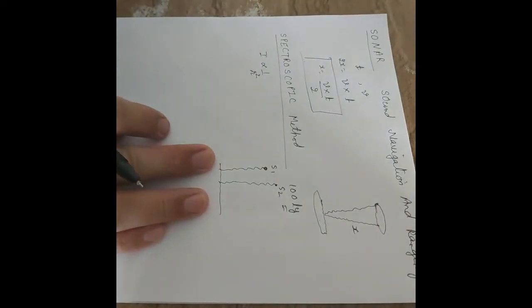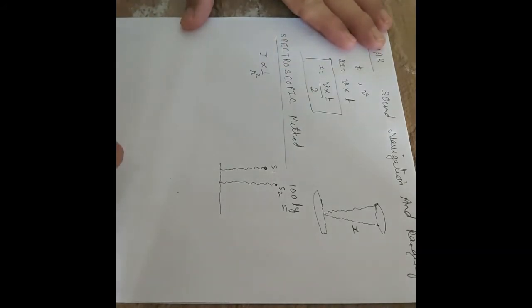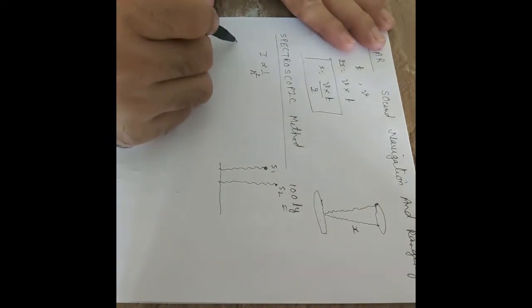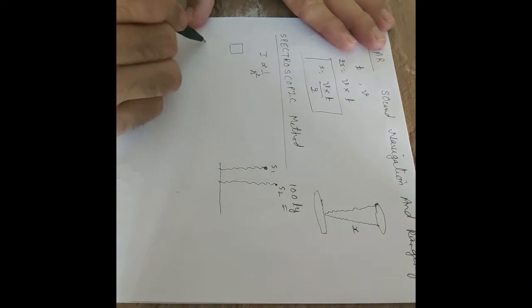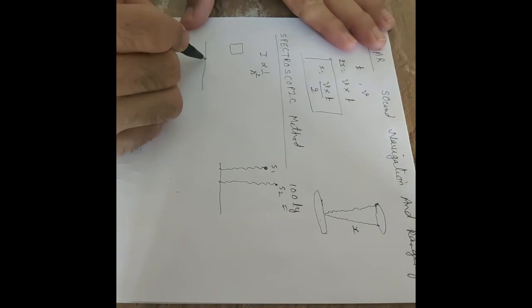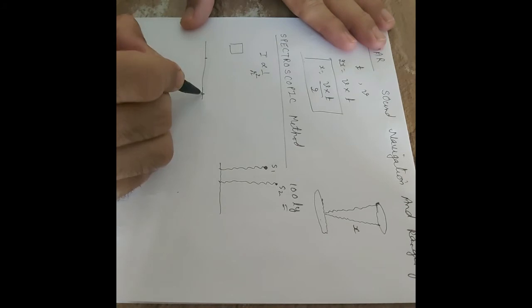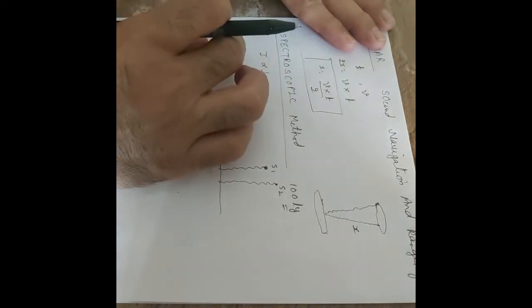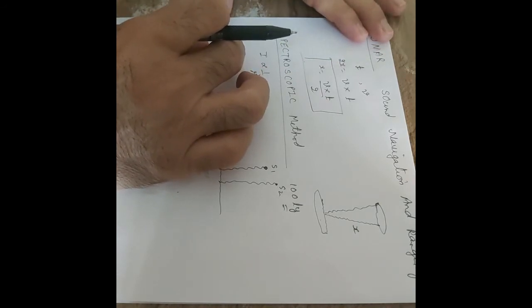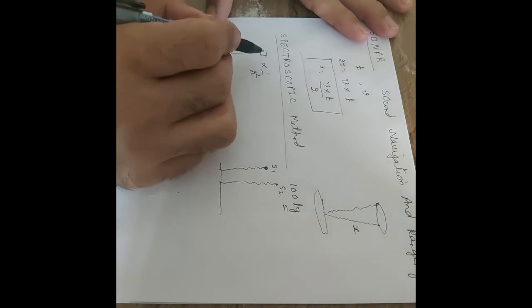R is the separation between the source of the light and the place where we are studying the light. For example, let us say this is the source of the light. If you stand here you will get more light, and if you stand here you will get less light. Why? In this case distance is less, in this case distance is more. The amount of light that we get in unit time on a unit area is related to the intensity.